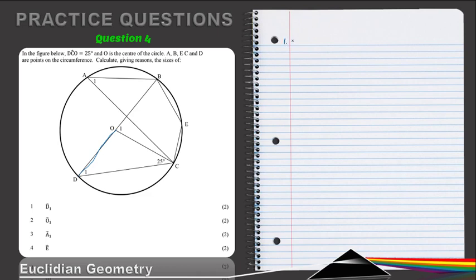So angle D1 is equal to angle C over here, equal to 25 degrees. And our reason is equal sides, equal angles.